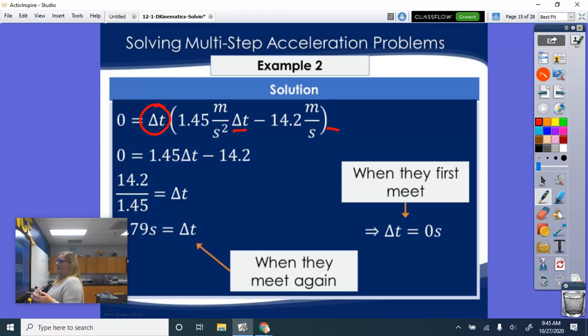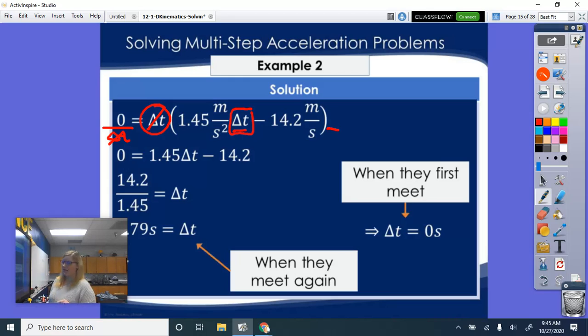And when we do that, what we can do is actually divide by delta t on both sides. And when we do that, we cancel it out. So we kind of lose it, but remember, we still have this one right over here. So with these now gone, I still have 0 equals my 1.45 delta t minus my 14.2.